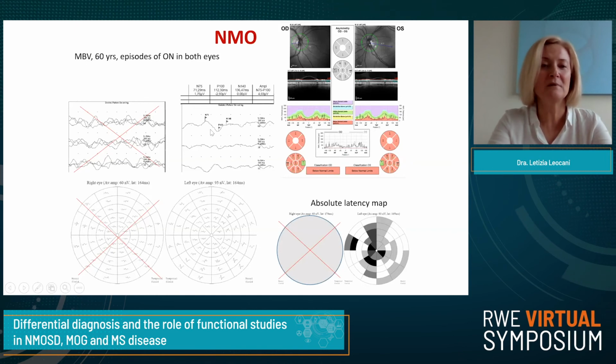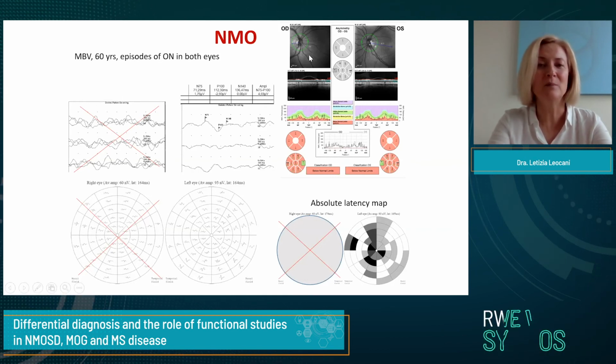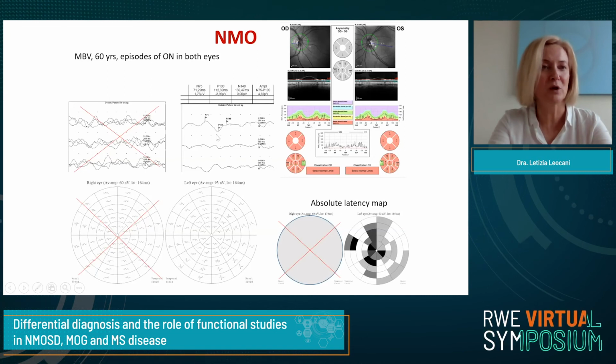There is only one residual portion of the optic nerve, which is the peripheral portion, that can give origin to a response which is not so pathologically delayed. So again, we can have a dissociation, as we showed before, between the important axonal loss and not an important demyelination.